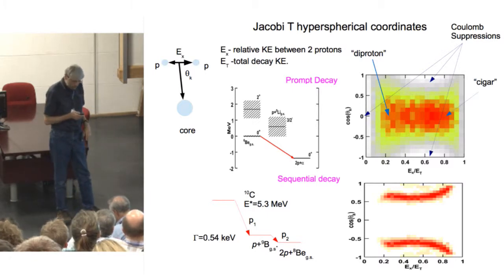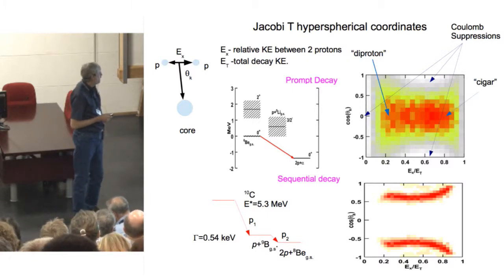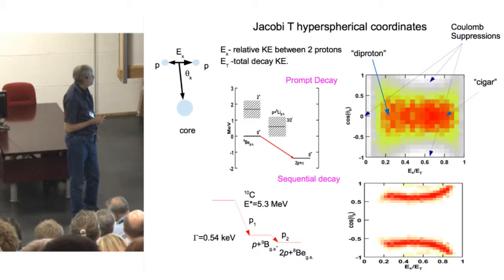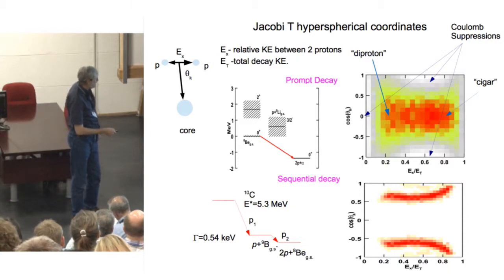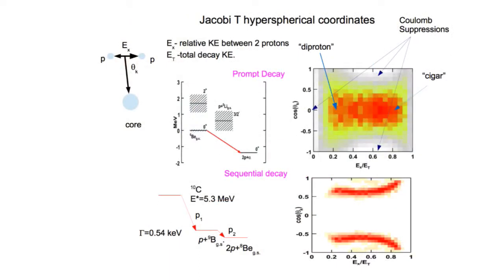Two popular choices are in terms of these Jacobi hyperspherical coordinates. And this is some distributions in the Jacobi T. So here is one. This axis here is EX, where EX is the relative energy of the two protons divided by the total decay energy, and it's versus this angle here, okay?